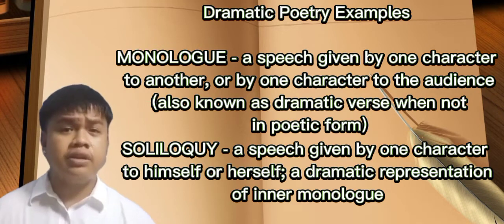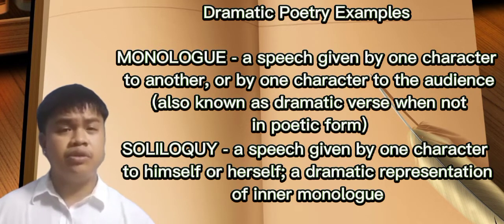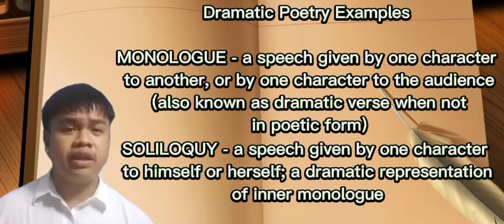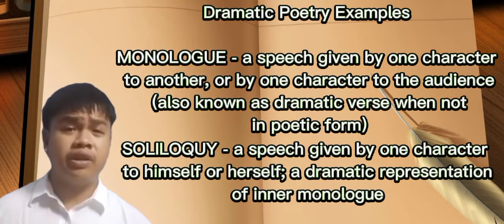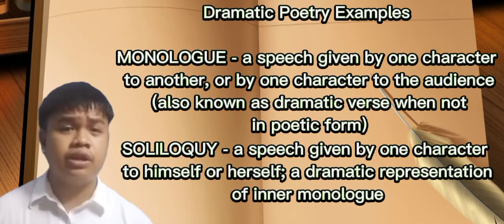Dramatic poetry differs from narrative poetry in that it is written and told from the perspective of the character, while narrative poetry is a story told by the narrator.